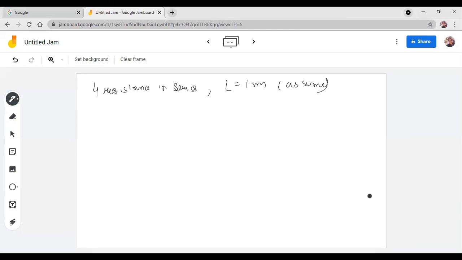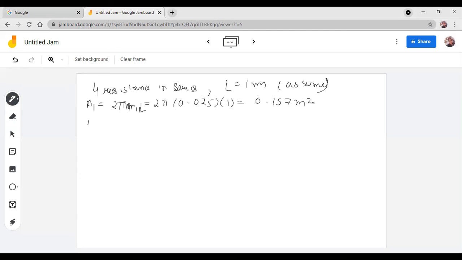And we'll note down the values. We'll solve for A1, 2 pi R1 L. This will be 2 pi into 0.025 into 1, equal to 0.157 meter square.